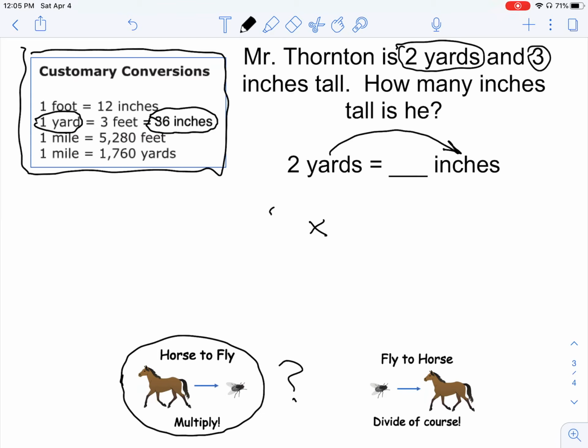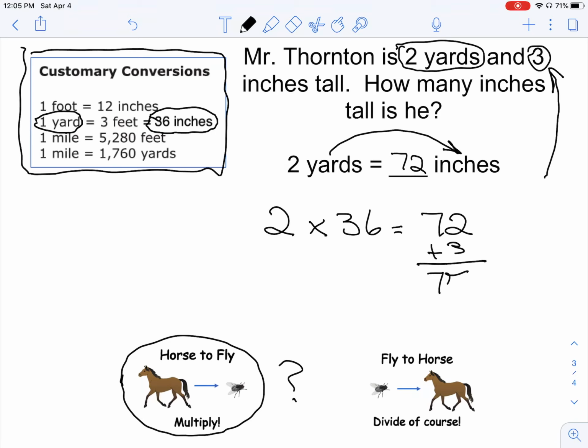So 2 yards times 36 inches is going to give us 72 inches. So my question is, is Mr. Thornton 72 inches tall? Well, not yet. We still have to add that 3 extra inches. So I'm going to add 3 more, and I will get my total, 75 inches.